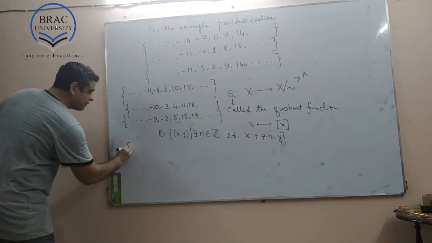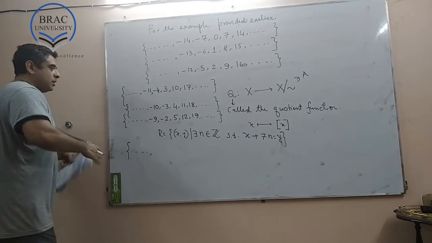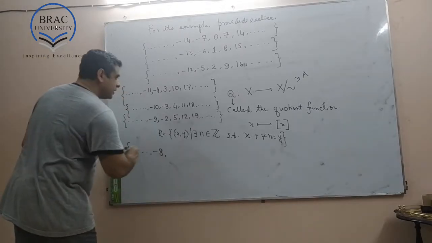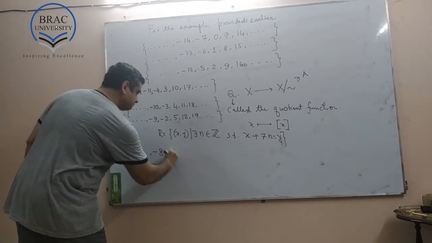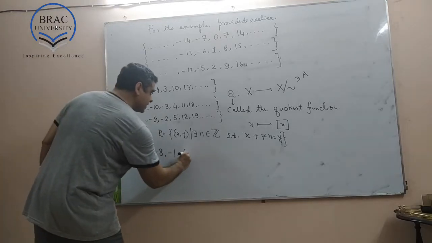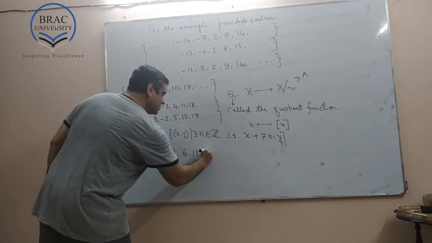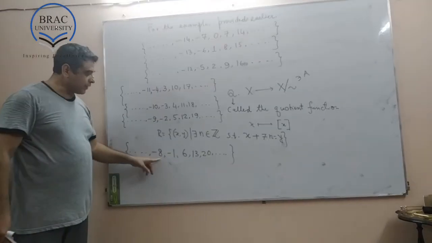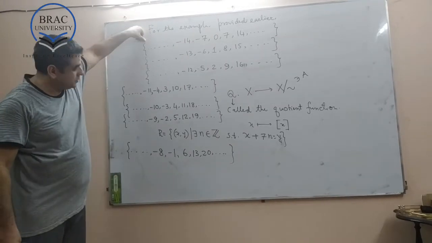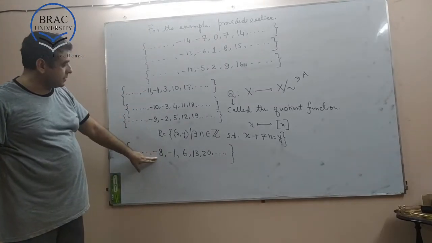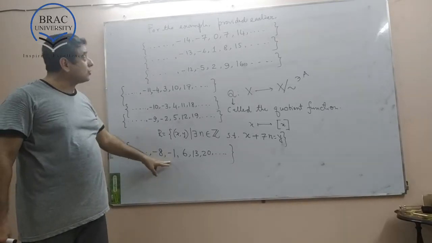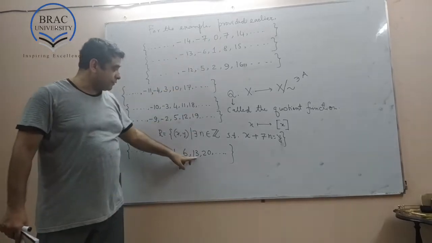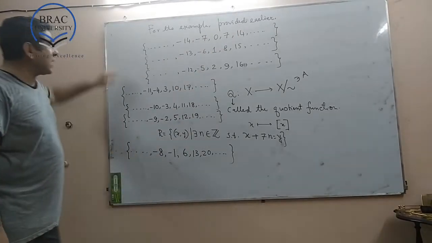And finally, we have -8. Then you have -1, and then you have 6, 13, 20. And if you add 1 further here, you will get back to here. See that you will have -7, then 0, then 7, then 14, and it goes on like that. So you get back to the same class.